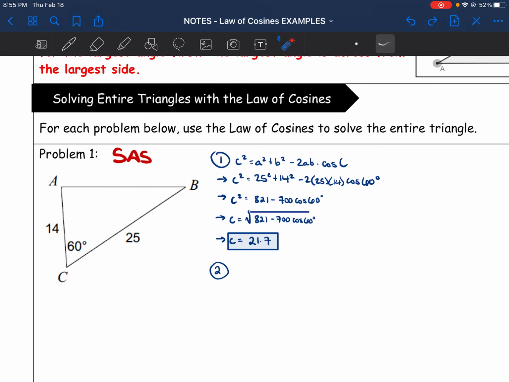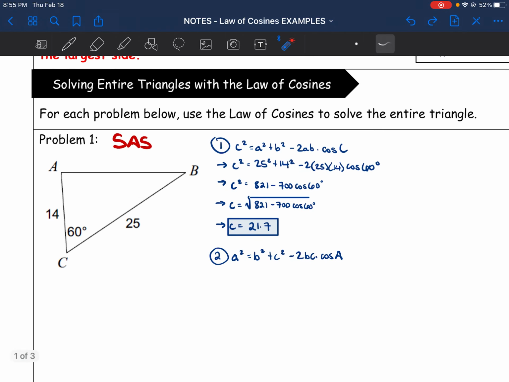For our second step, I want to go ahead and solve for angle A. Now, me personally, once I've got all three sides, I like to just start knocking out the largest angles in order. We already have angle C, so between angles A and B, I know that angle A has to be the largest angle because it's across from the largest side remaining. So here's the equation that I end up using.